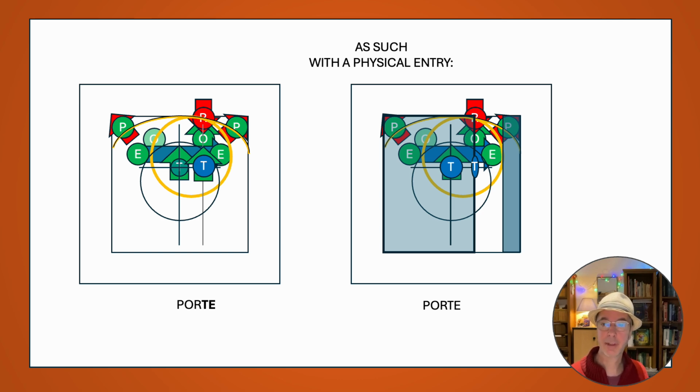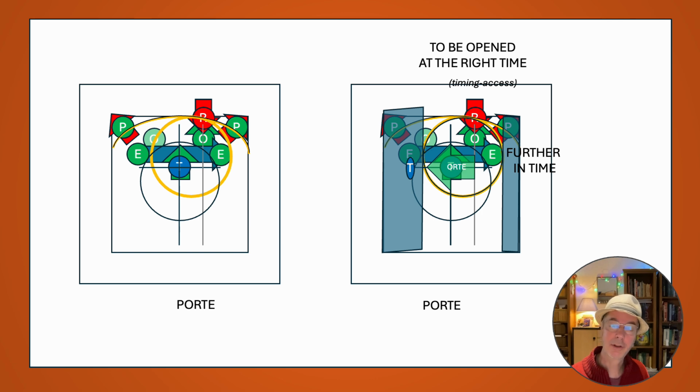How can we visualize this a bit better? You know that porte means door, and it is a physical entry. So you have a physical position in T, which is a functional position, also dependent on some move that you do with it, and this move is explained with all the other letters. There is the O, an opening underneath, there's a P, a pressure underneath, there's R, a connection that is going to be made to it. And this connection is of course made at the doorknob and at the door opening, and it opens further in time.